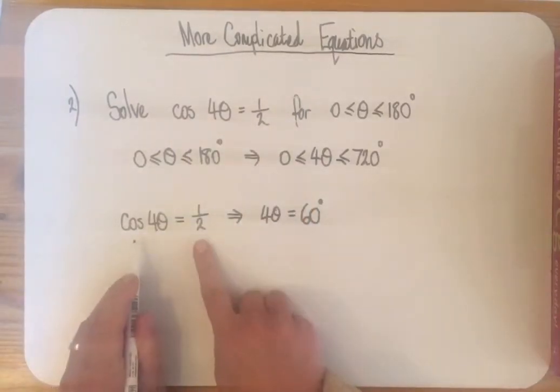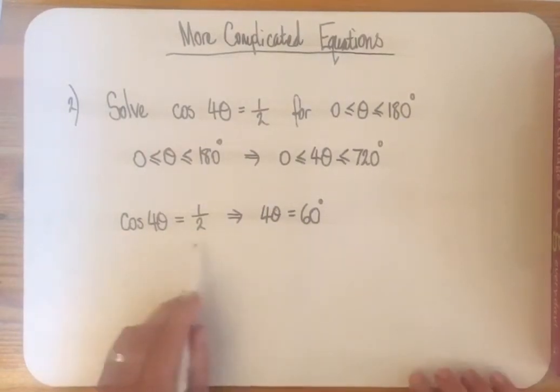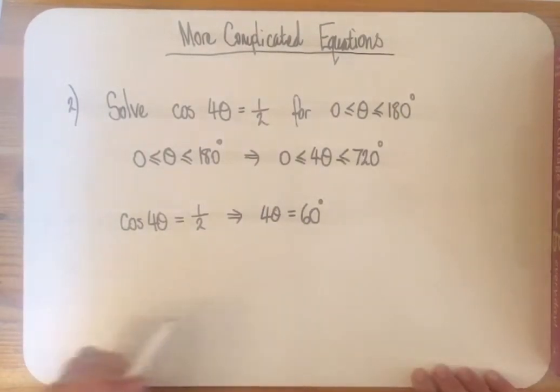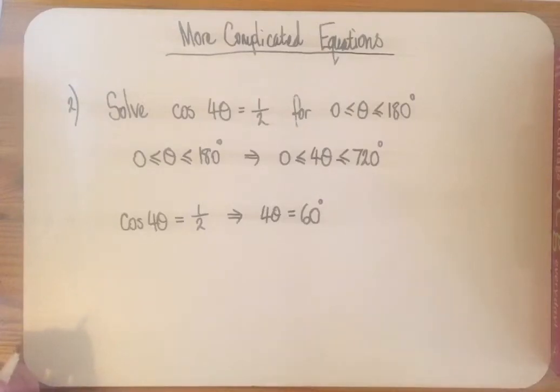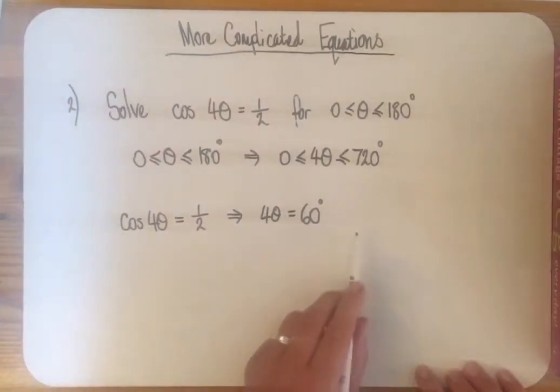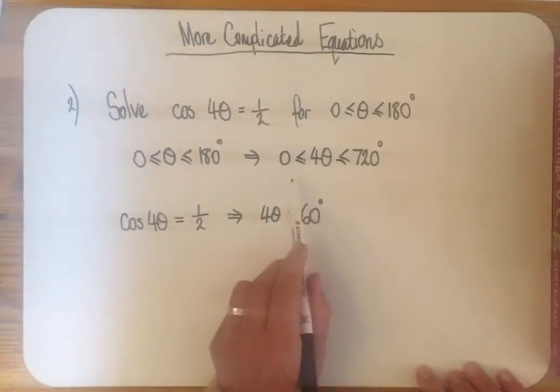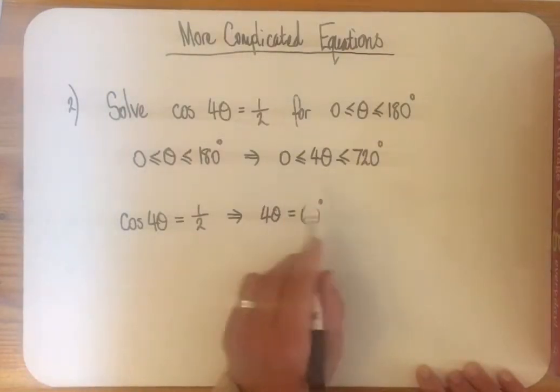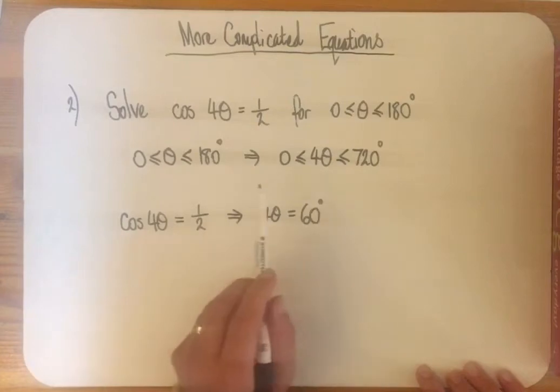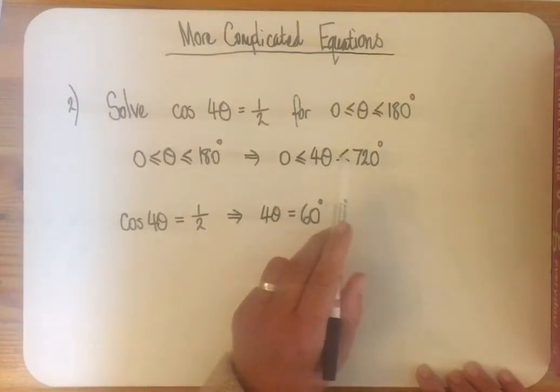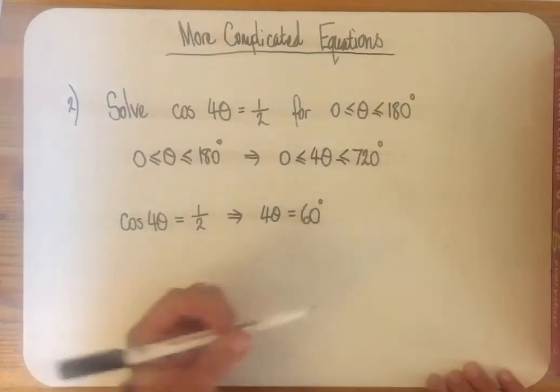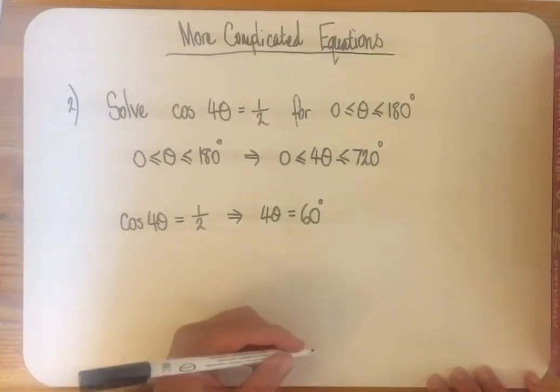So I'm doing the inverse of cos on both sides of that equation to leave me with 4 theta equals 60. Then you need to find the other solutions using this adjusted domain. So rather than looking between 0 and 180, I'm looking between 0 and 720 degrees.